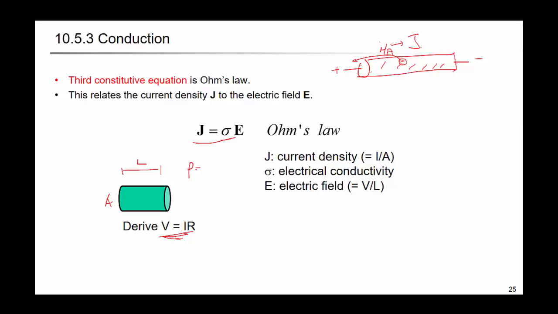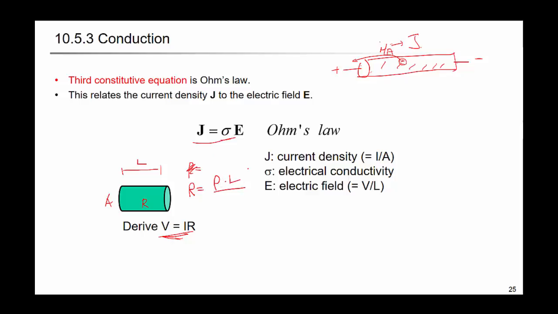Think about the electrical resistivity. This has the resistance R. If the material is longer, does the resistance increase or decrease? Increase, right? So that's going to be proportional to the length.